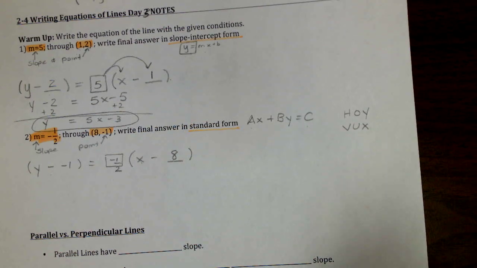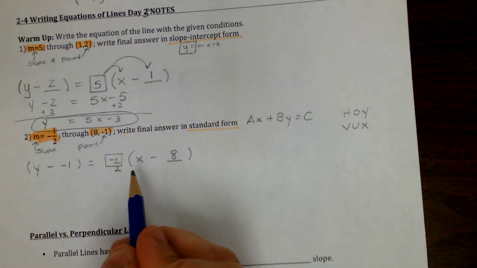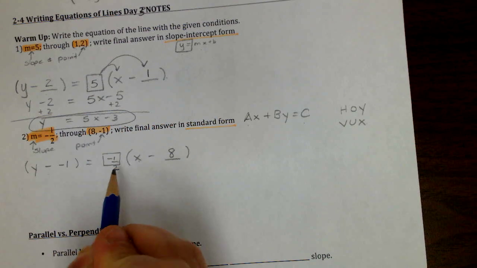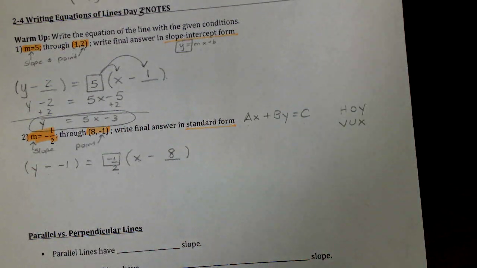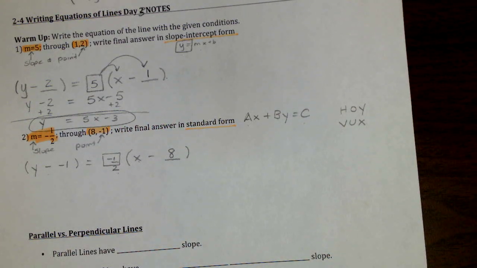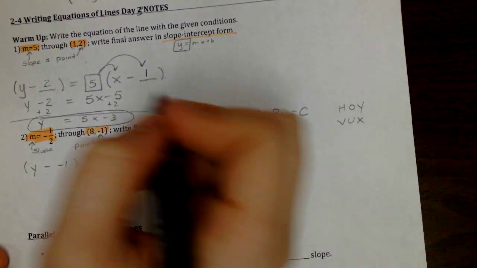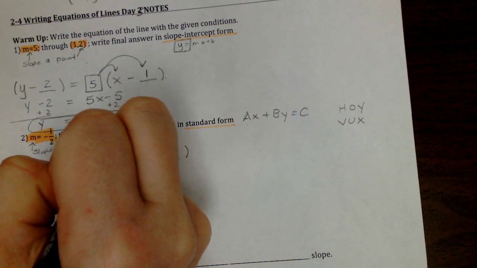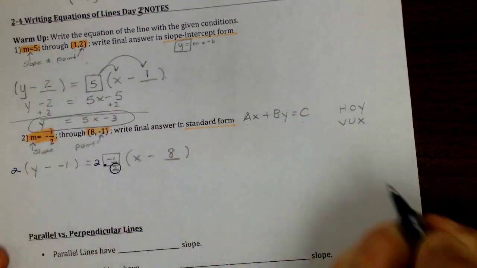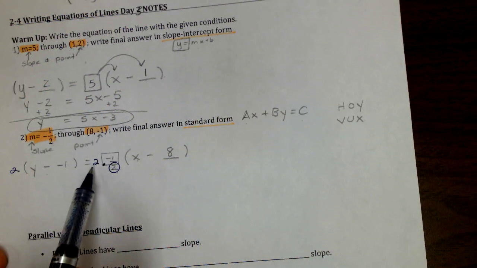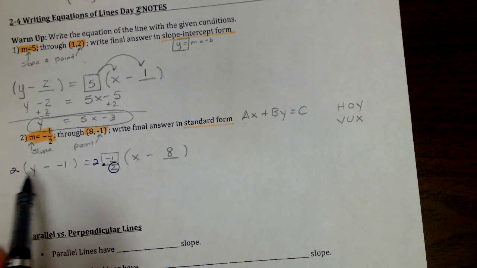All right. My biggest issue that I'm going to have is I've got to get rid of this dividing by 2. So I wanted to show you a cute little trick to do that, which is going to help you a lot. So since the number on the bottom here is 2, I'm going to multiply this side by 2 and this side by 2. So I multiplied the right and the left both by 2.